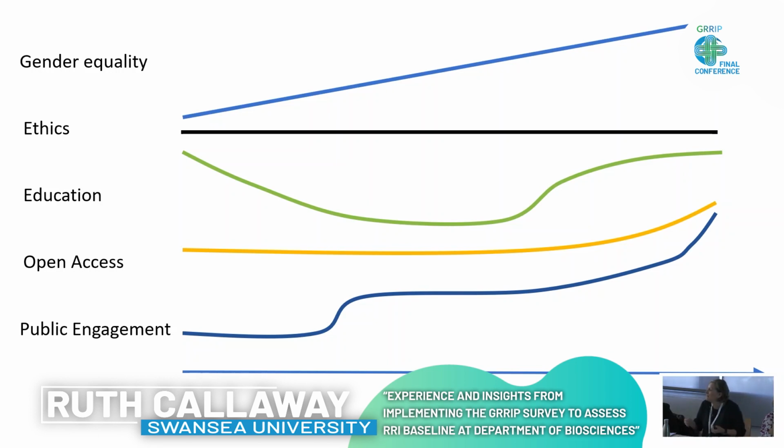Or you might have the situation that you had step changes. There might have been champions, really ambitious people on public engagement, and the organization improved, but then you didn't have anything for a very long time. So that was all of that I had in mind when we tried to establish our baseline, because GRRIP really was just this arbitrary point in time.